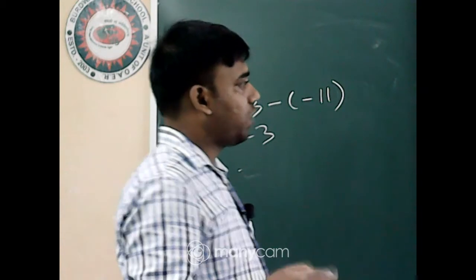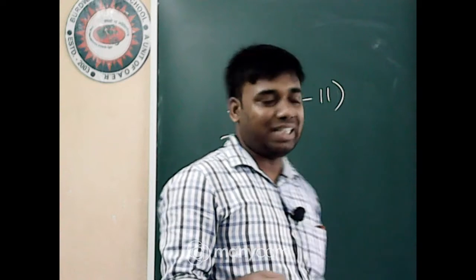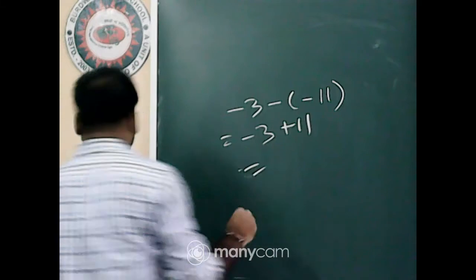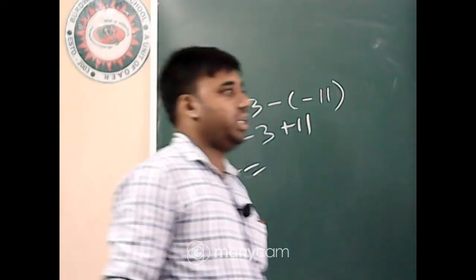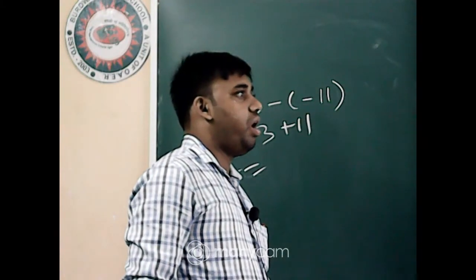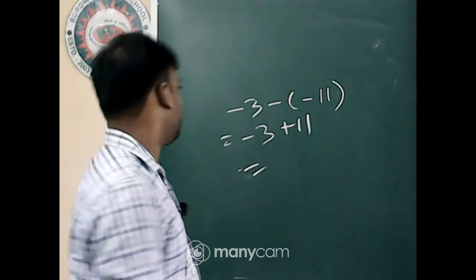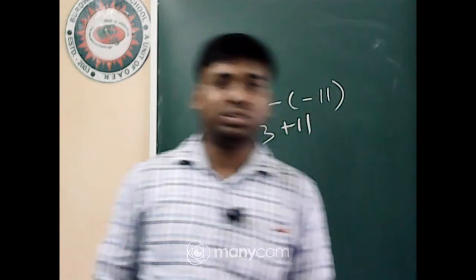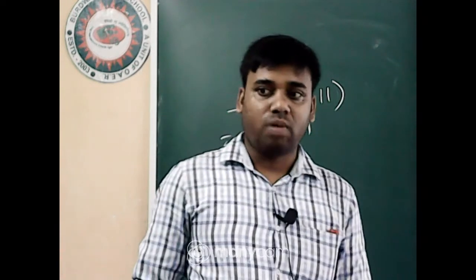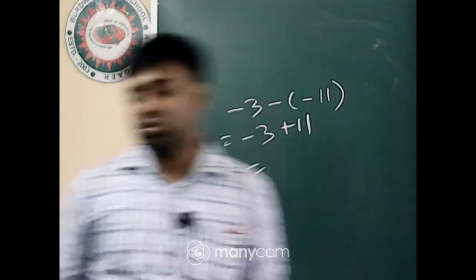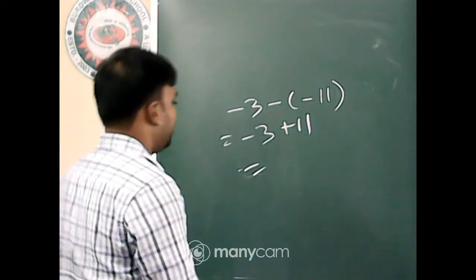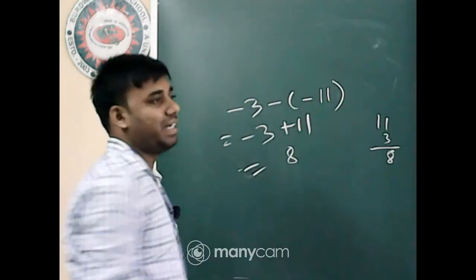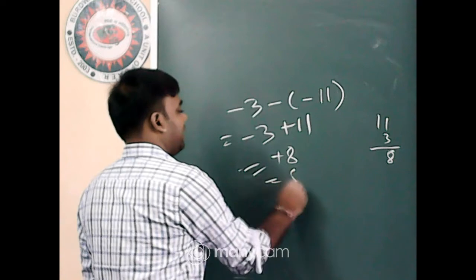Product of two minus is plus, so plus 11. -3 plus 11, both are in the opposite sign. Opposite sign means subtraction. So 11 minus 3 is 8, as 11 is the greater number, so plus sign, that is 8.